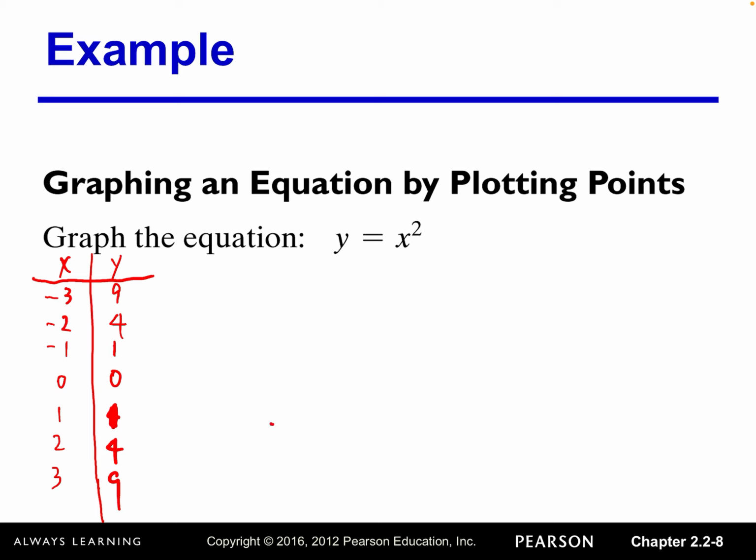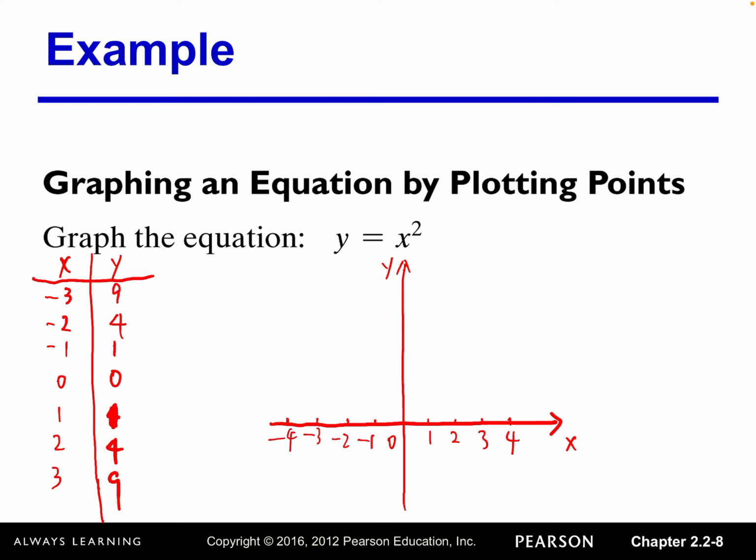All right, now let's graph. x, y axes, the origin 0, 0, and 1, 2, 3, 4. Put a scale, -1, -2, -3, -4. First the origin 0, 0, that's one of the points. 1, 1, that's right here. And then -1, 1, right?